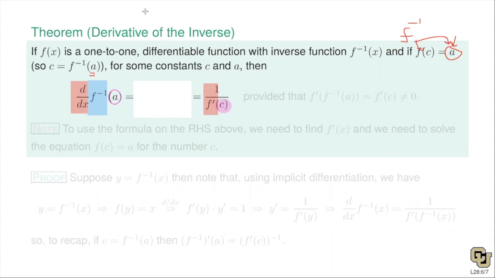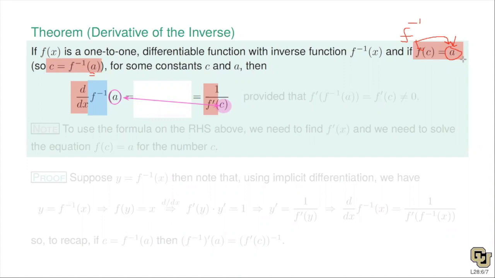C and A are connected, right? C and A here are related through this equation up here. Don't forget here that c equals f inverse of A or f of c equals A, however you want to think about it. So A and c are connected. They're not two random numbers. They're related. They're inputs and outputs, depending on which function you look at.